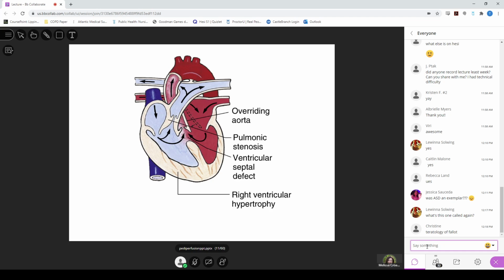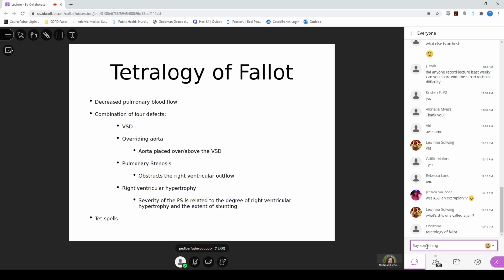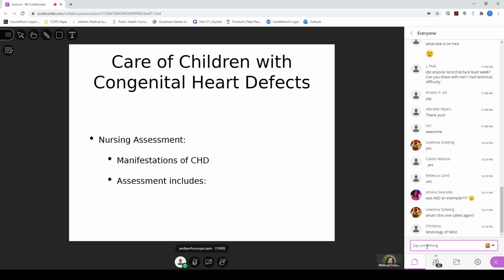Okay, so now we're going to talk about taking care of these kids. So your nursing assessment. They're going to have those clinical manifestations of congenital heart disease. What are some of those?